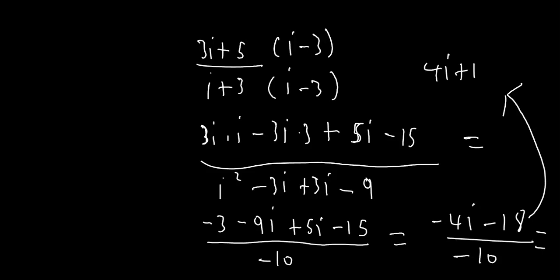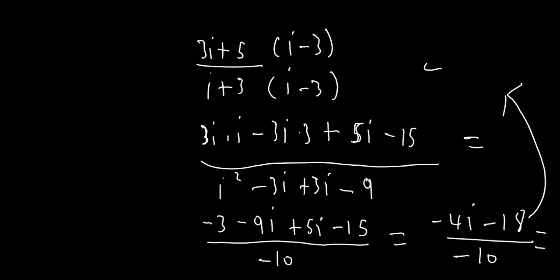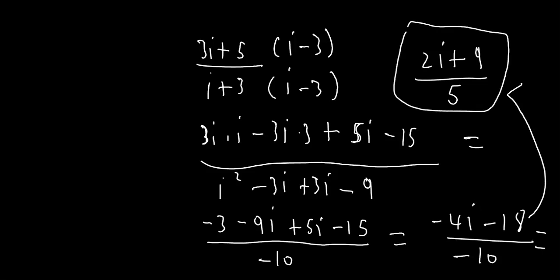And then it will become 4i plus 18 over 10, and that would be our answer. You can simplify this further if you wanted to. Actually, we'll do that right now. You could also simplify this to 2i plus 9 over 5, because you divide the numerator and denominator by 2. So yeah, this is a better answer.